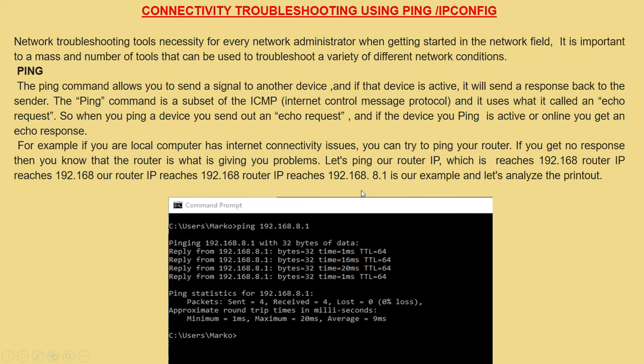Otherwise, if you know your IP address, like here it is written that I have to check whether my router is currently working perfectly or not. So here the router IP is there, you have to assign the IP here only. So your command is ping 192.168.8.1.